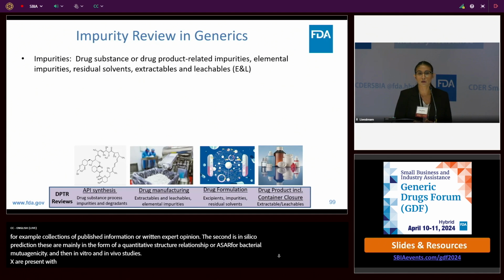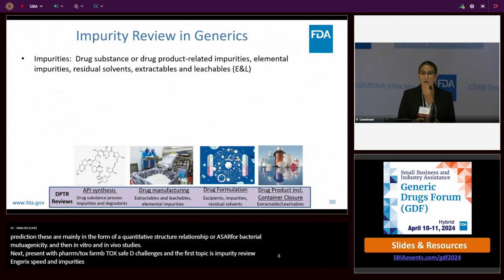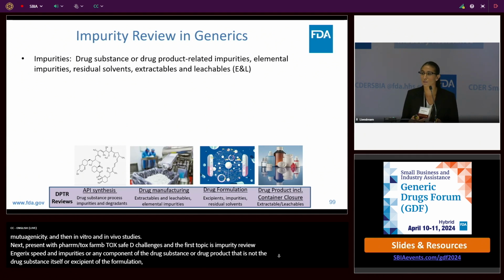And the first topic we will cover is impurity review in generics. Impurities are any component of the drug substance or drug product that is not the drug substance itself or an excipient of the formulation. Now, please note that generic drug formulations may have different impurity profiles as compared to the RLD.